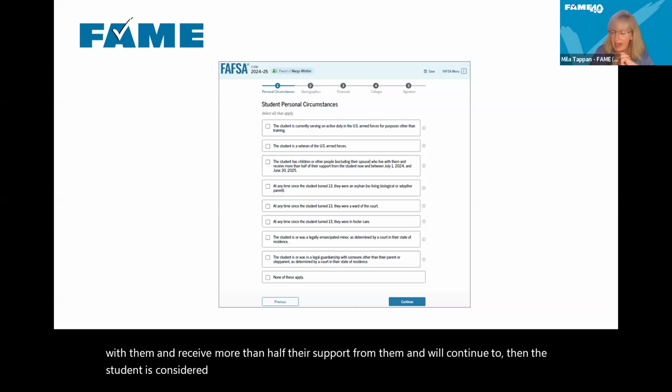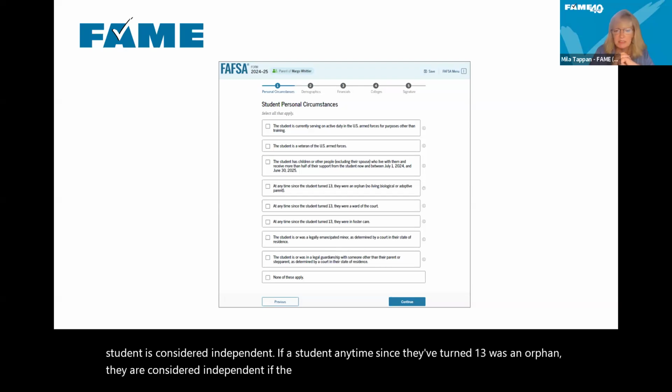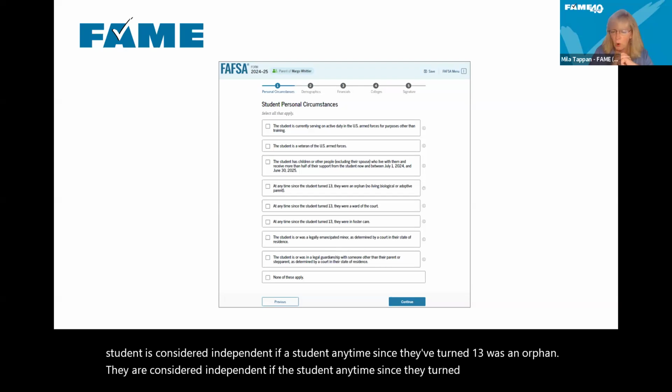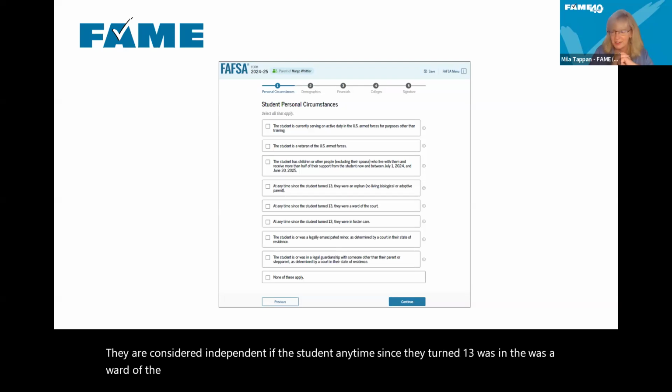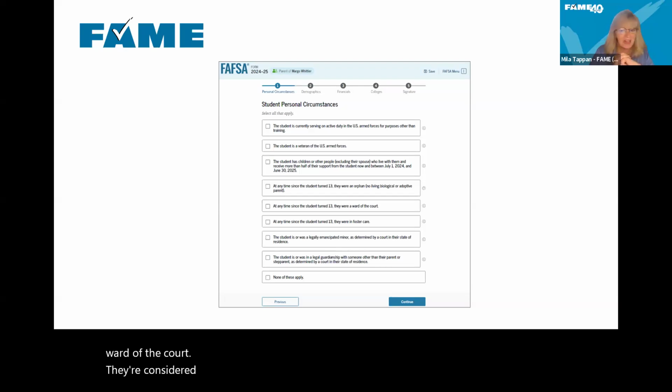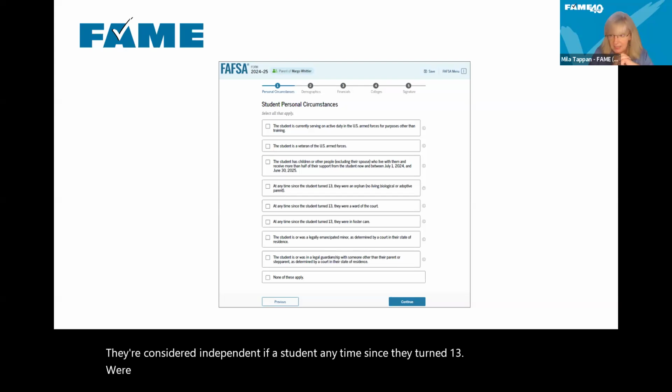If a student anytime since they've turned 13 was an orphan, they're considered independent. If the student anytime since they turned 13 was a ward of the court, they're considered independent. If a student anytime since they turned 13 was in foster care, even if they're no longer in foster care, they're automatically considered independent.